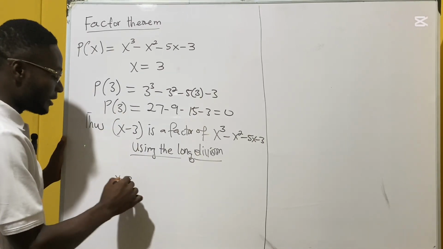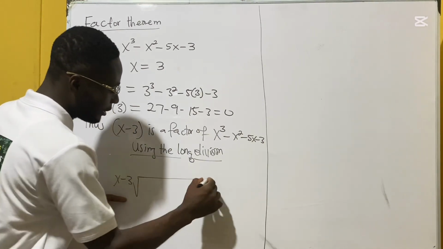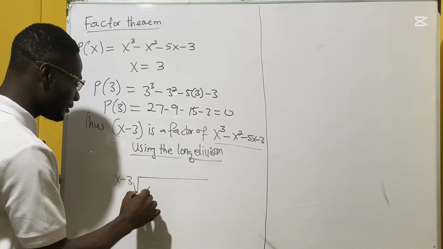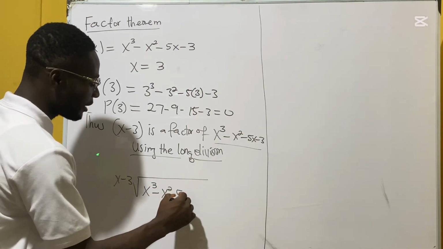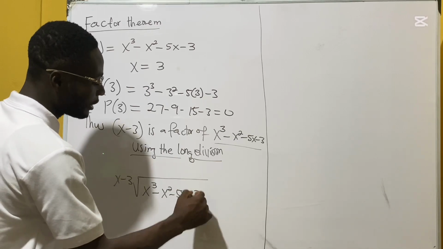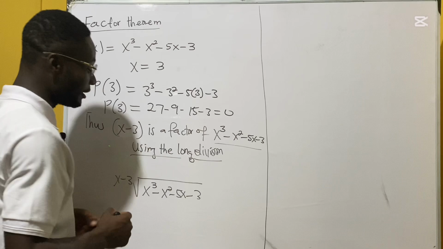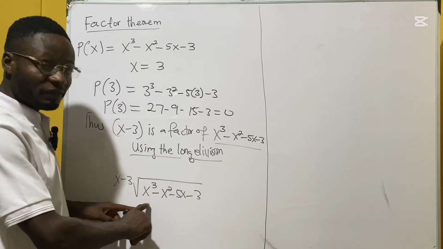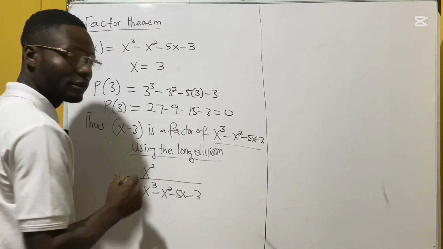Our divisor is x minus 3, then the polynomial x cubed minus x squared minus 5x minus 3, which is the dividend. Here we take x to divide x cubed, then we have x squared.